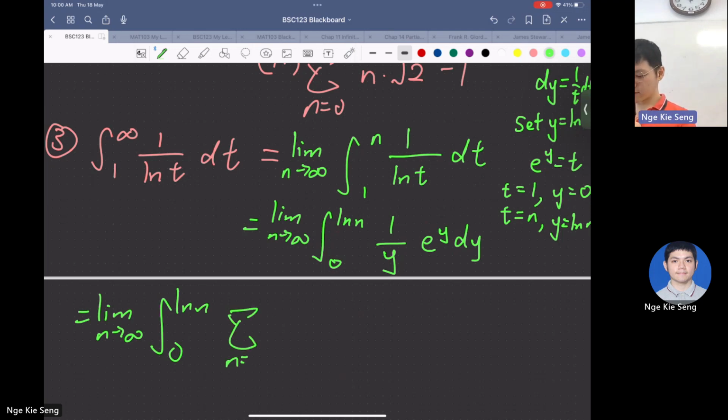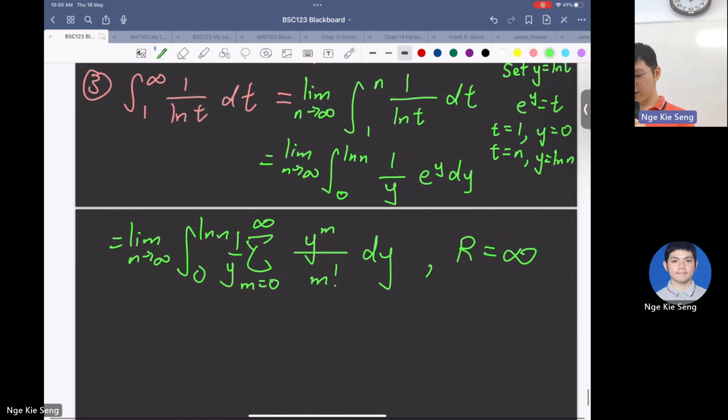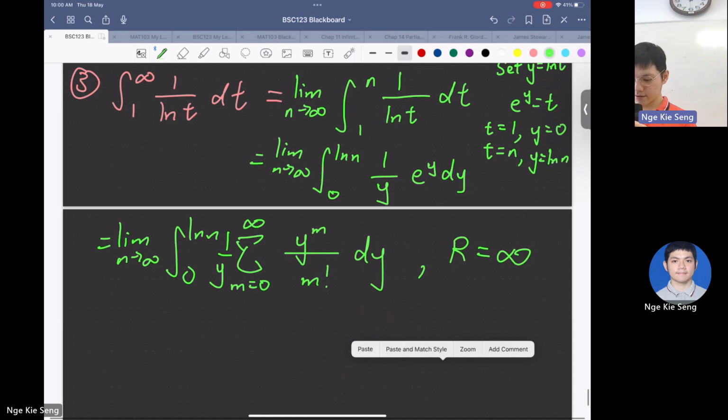The sum of, don't want to use n anymore, use m, y to the m over m factorial, right? And then we divide by y, 1 over y. Make sense? Because this radius is everywhere, so it's so good. Everywhere we can apply, in particular in our integration domain.